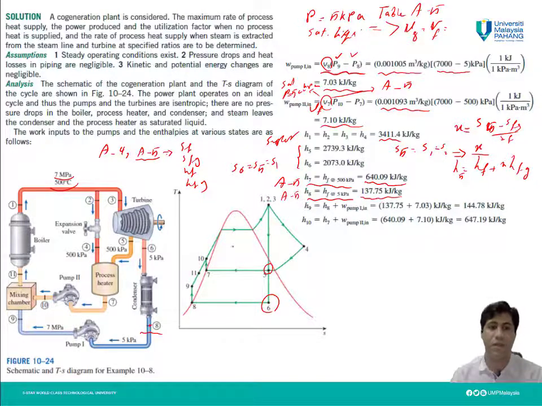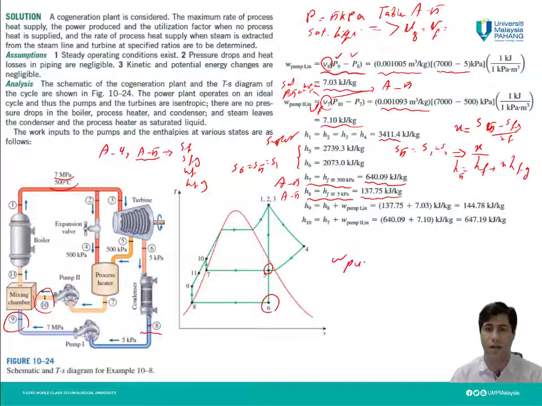Then what about state 9 and state 10? The enthalpy of state 9 can be calculated by this equation, because according to the definition, the change in energy in the pump is equal to the work in the pump. We had this equation in the previous example.